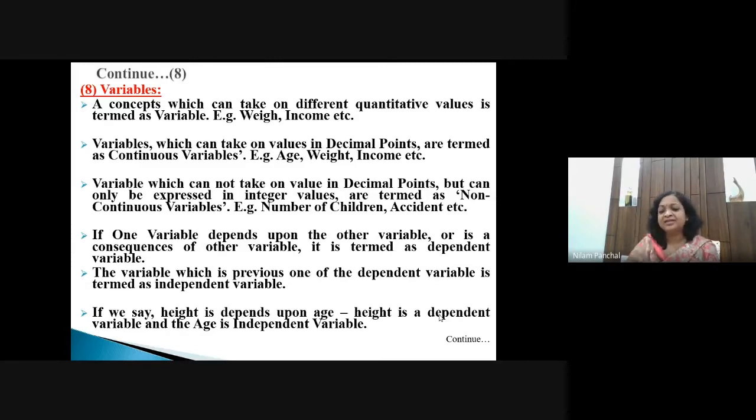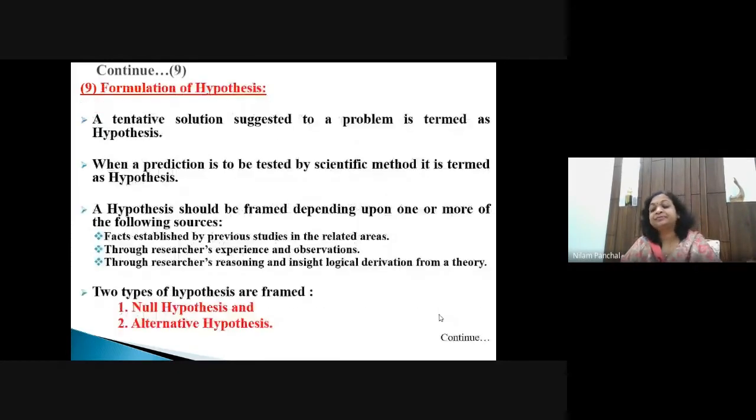Say for example, height depends upon age, so height is a dependent variable and age is an independent variable, because height is depending upon age. So in your study, you need to identify the variables, specifically the continuous variables or even the dependent or independent variables. The next is formulation of the hypothesis.